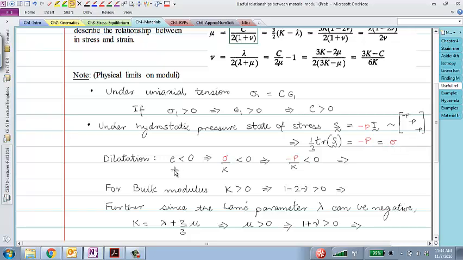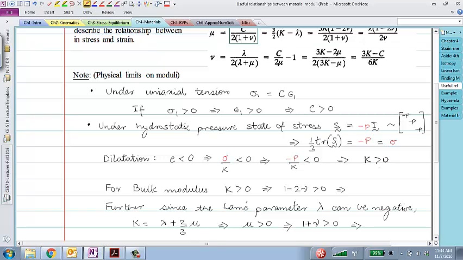If I apply hydrostatic pressure on a material, the volume should go down, right? If I apply pressure onto it, it shouldn't expand. So in the same way, if dilation is less than 0, meaning contraction, then sigma over k, which is minus p over k, should be less than 0, and therefore k, of course, should be greater than 0. That's also not a surprise.